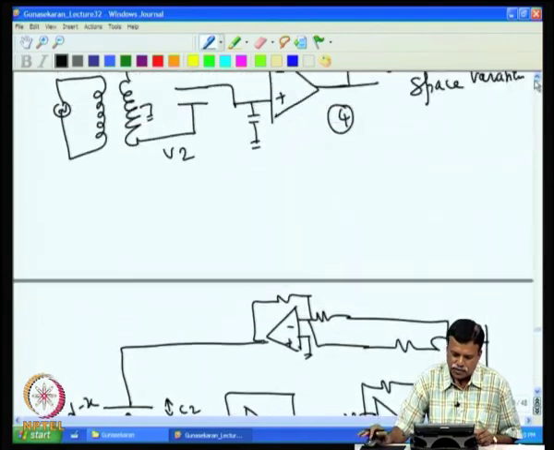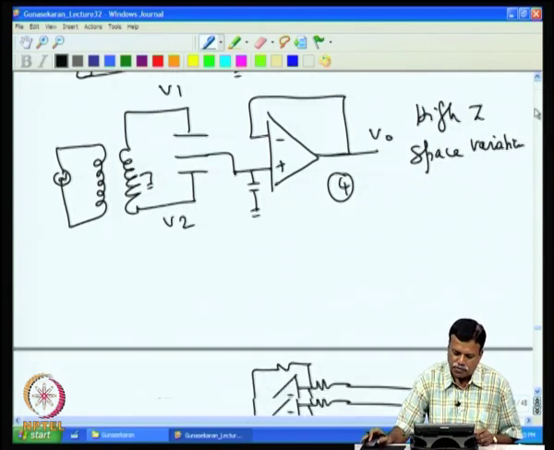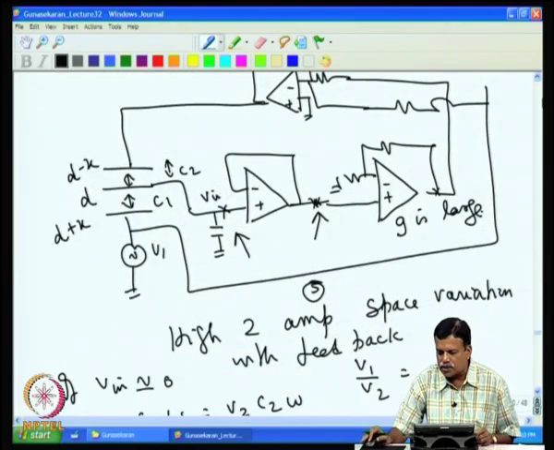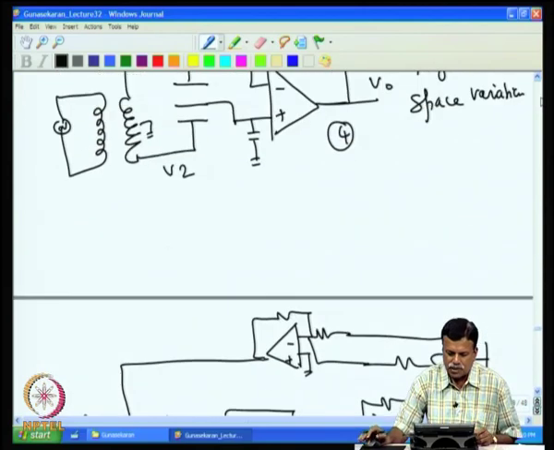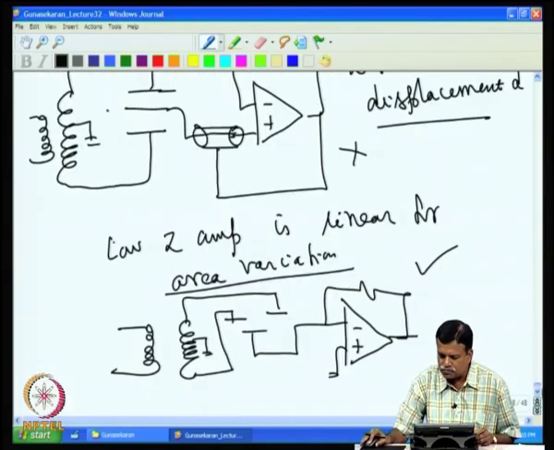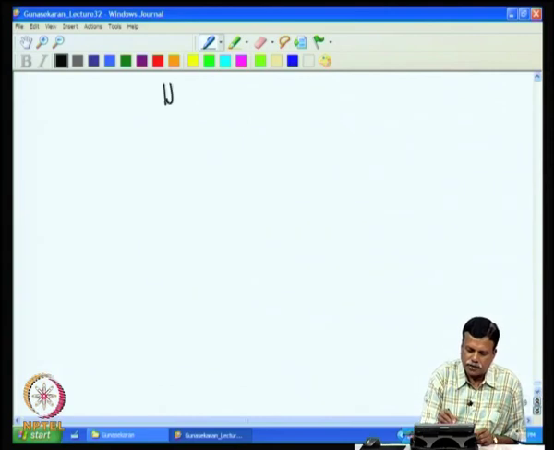Circuit number 4, if you see here, is the amplifier for space variation. So, how this amplifier behaves we can see now. So, we take this amplifier for space variation.